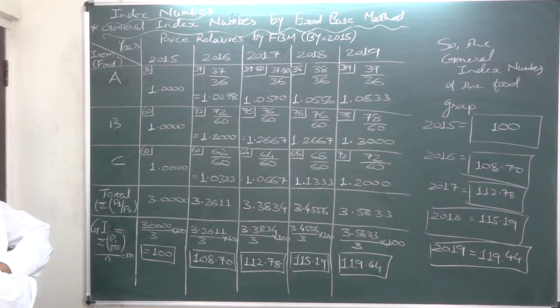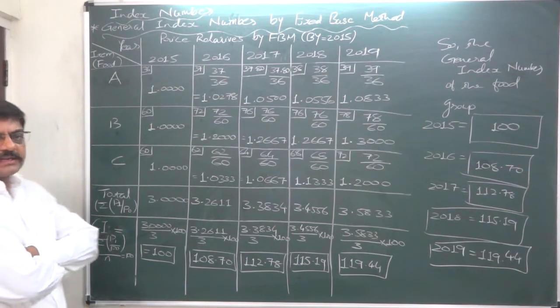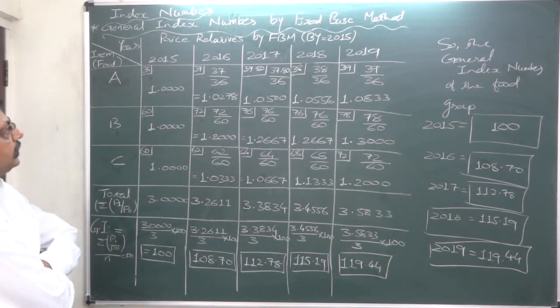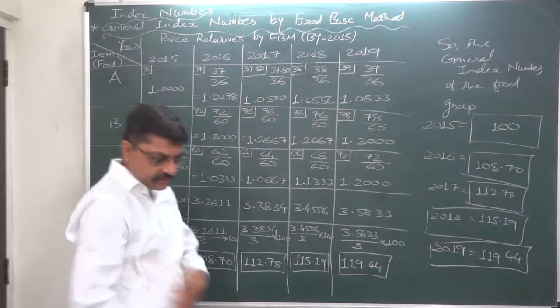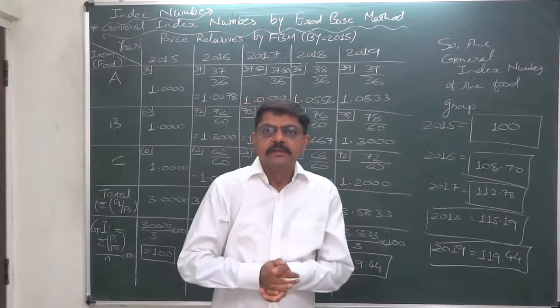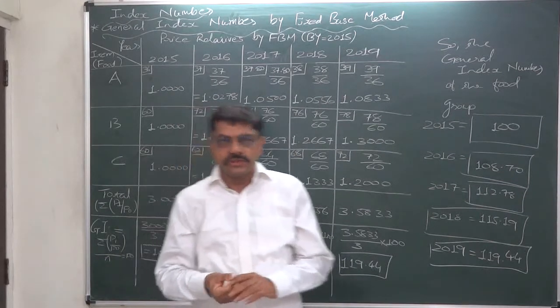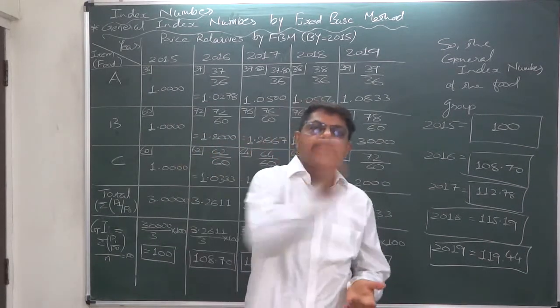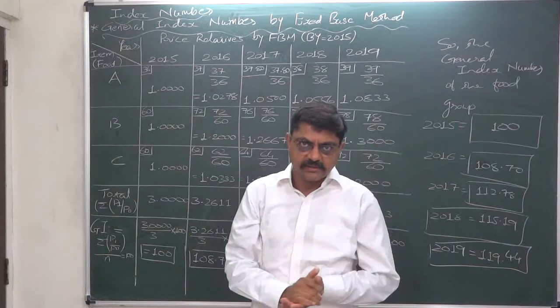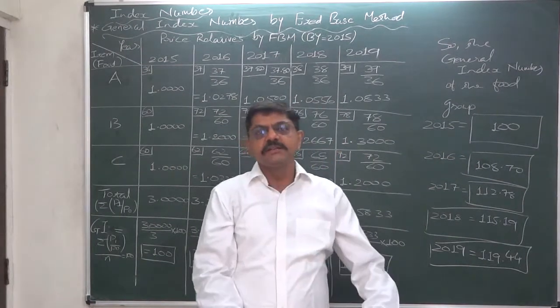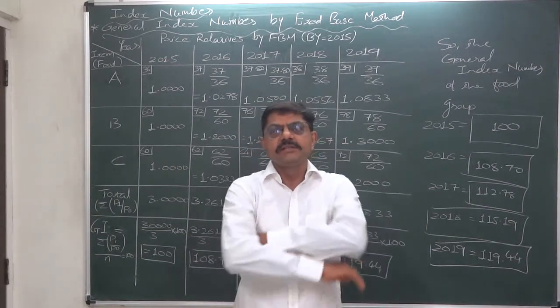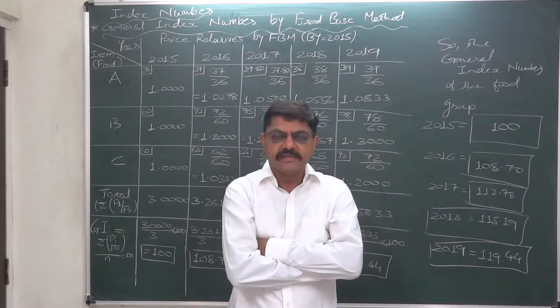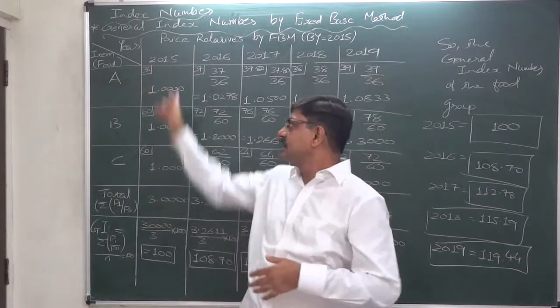So this is calculation of general index number by fixed base method. In fixed base method, the base year remains constant or fixed for all the remaining years. And if it is not specifically given which year is to be taken as base year, then the oldest year is taken as base year.